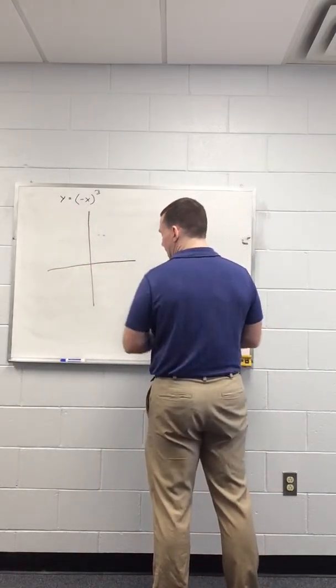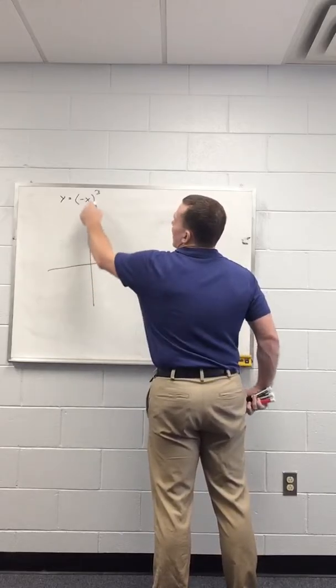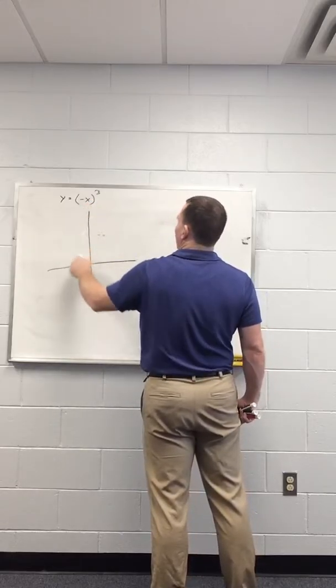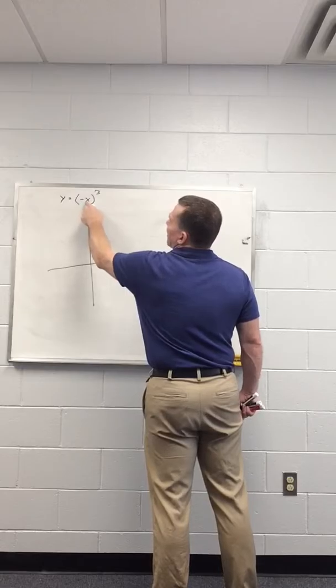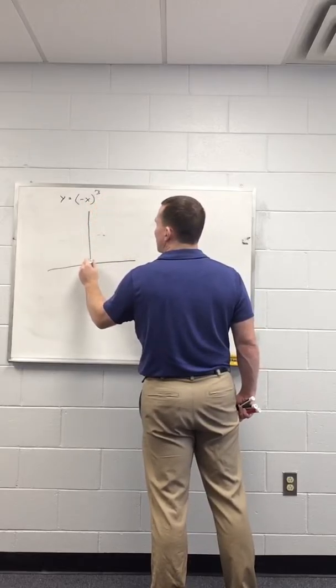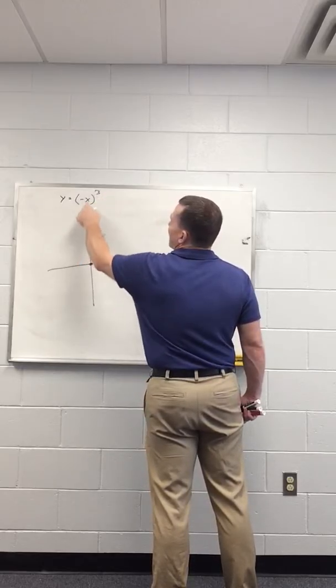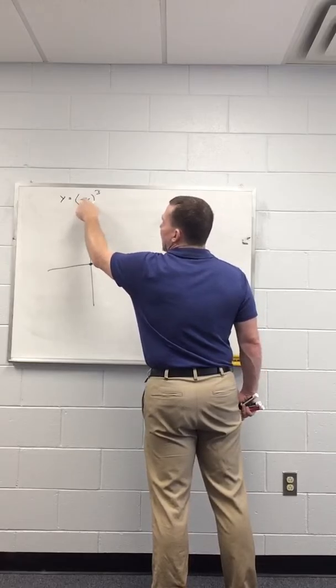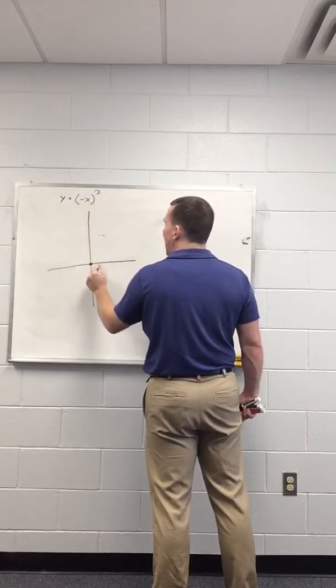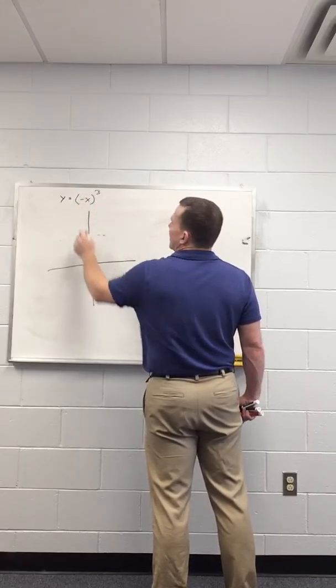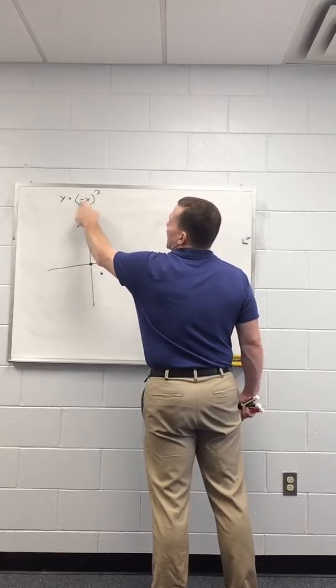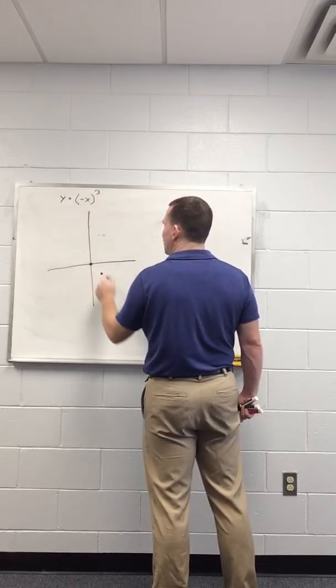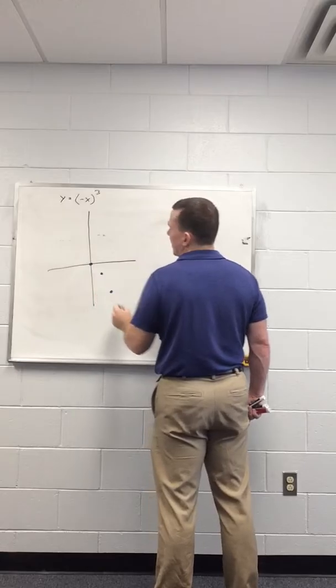If I plug in 0 to start, I'm going to get 0 cubed, which is 0. If I plug in 1, I get negative 1, then I cube that, which is negative 1. If I plug in 2, I get negative 2, which cubed is negative 8.